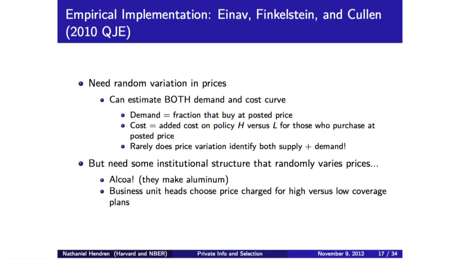So if you observed a world where that price was posted and then you looked and said, okay, these are the people who bought it, then you can say, what is the average cost of those people? So now we're just mapping out the average cost curve, right? So in this world, you can identify both the demand curve, the fraction of people that purchase the policy at any given price, and also the average cost curve, by just observing for each world where there's a different price posted, what's the average cost experienced by the set of people who actually choose that insurance contract.